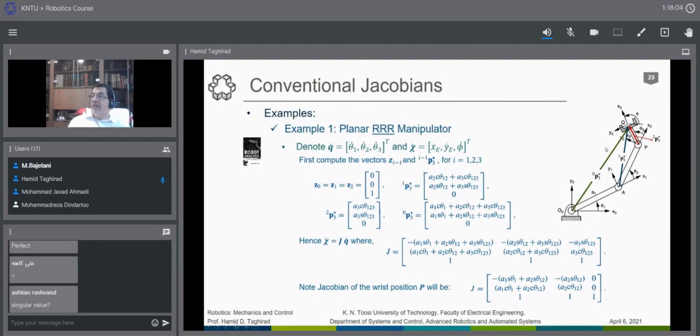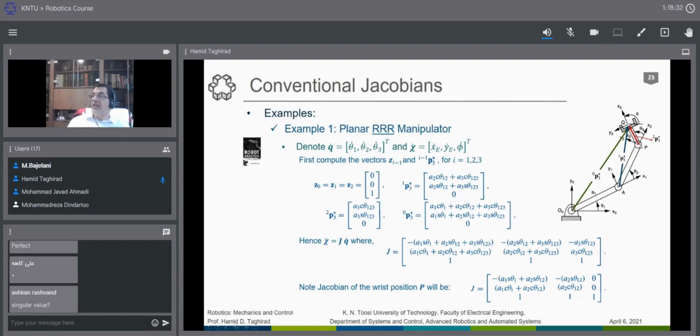Now, the simplest P that you can find is usually P3 with respect to 2, the red one. We start with the red one. We don't start with this one. We start with the red one. What would this vector be in frame 0? Of course, this vector is very simple.